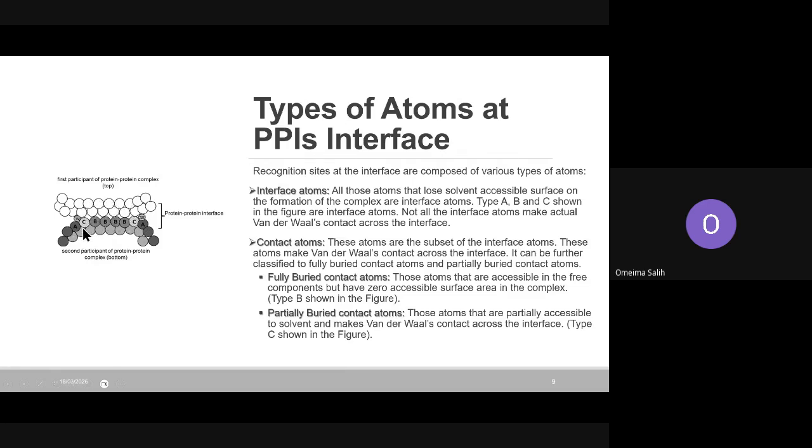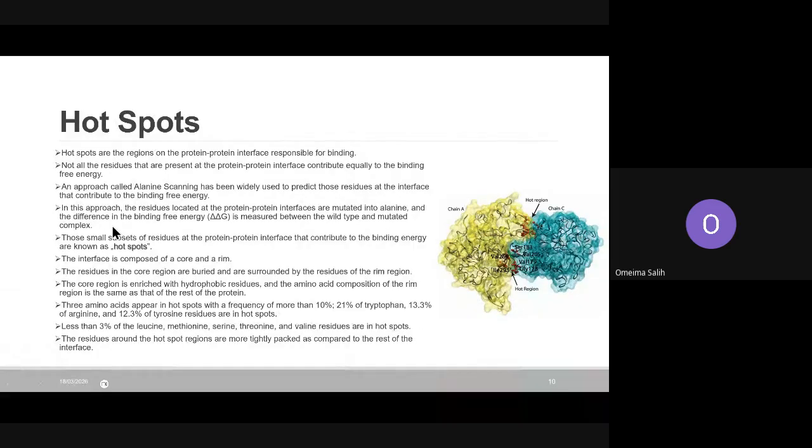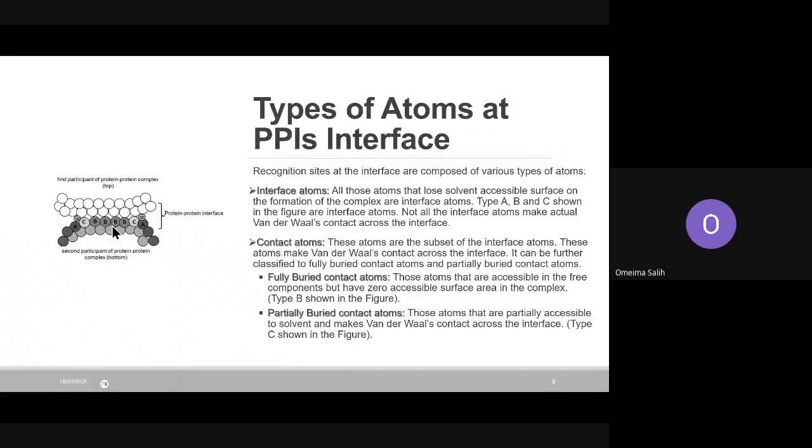So from this interface, we define what we call the interface atoms. The interface atoms are all those atoms that lose solvent accessibility because they are buried within the interface.